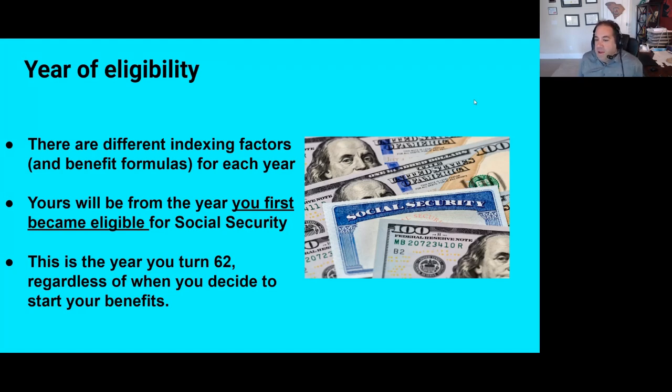If you were born in 1960, for example, your year of eligibility would be 2022. So you would use the formulas from the year 2022, regardless of what year you actually claim Social Security, just because that's the formula that will apply to you, because that's your year of eligibility.